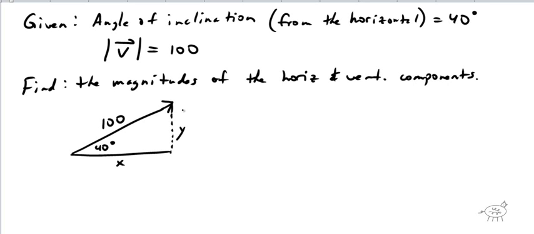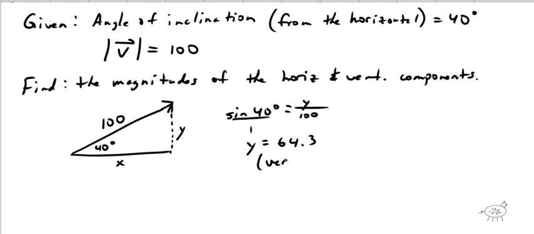So we're just going to use right triangle trig, and of course, let's find y first. You know, y is sine, right? So remember that sine of 40 degrees is y over r. Cross multiply, and you get y is equal to 64.3.